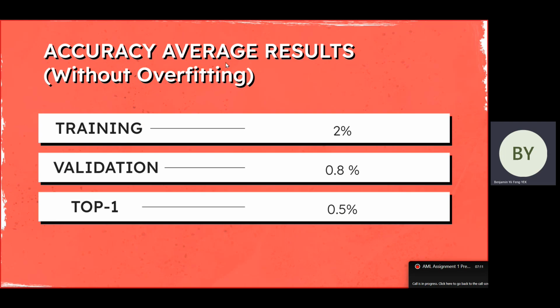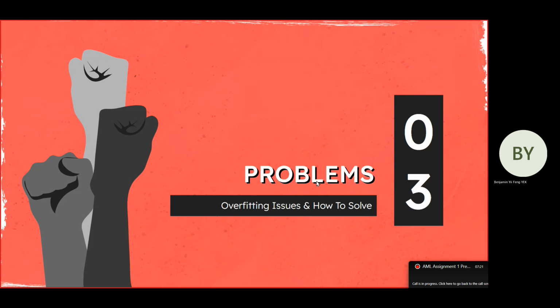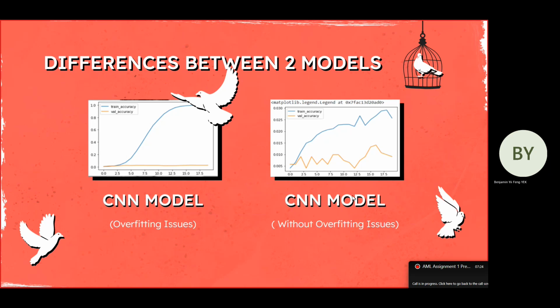But without overfitting issues, the training accuracy is 2% only, validation is 0.8%, and top one is 0.5% only. So if you look at these two different models, with and without the overfitting issue, you can see that with overfitting there is a big difference between the training and the validation, but without overfitting, it's slightly not so overfit.